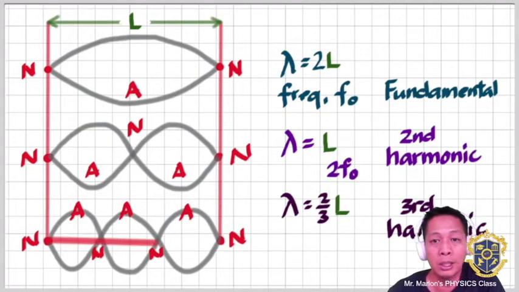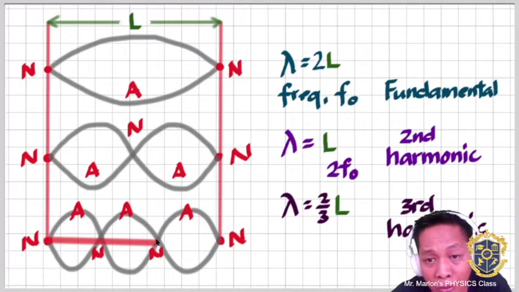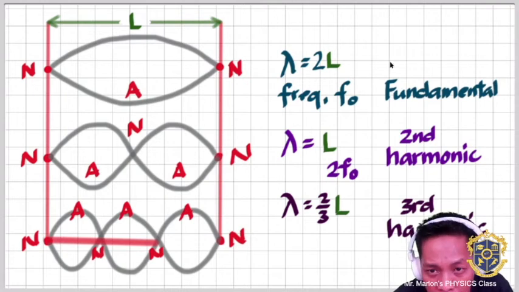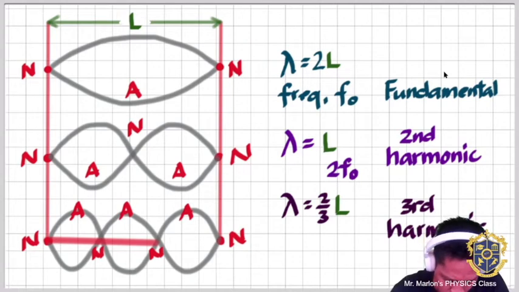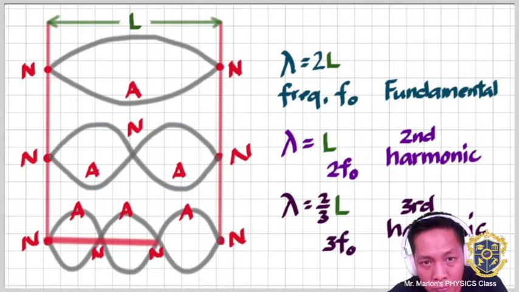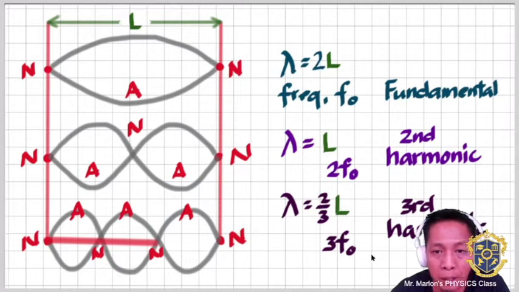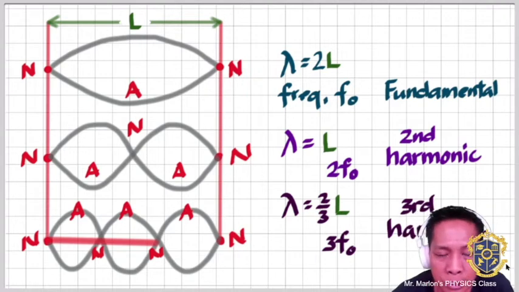You see, you have more waves per second this time. If you compare the frequency in the third harmonic to the first harmonic, it has to be 3 times F sub 0. And there will be other types of stationary waves around here, depending on the frequency, and you can call them fourth harmonic, fifth harmonic, and so on.